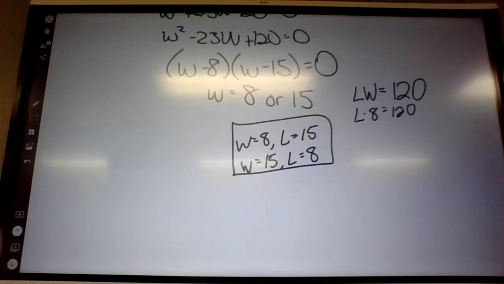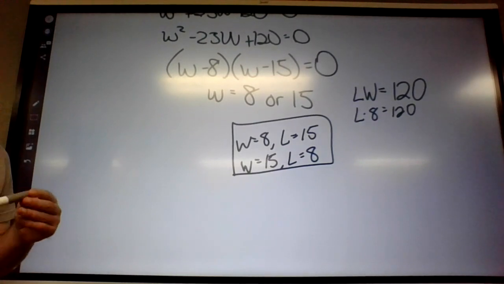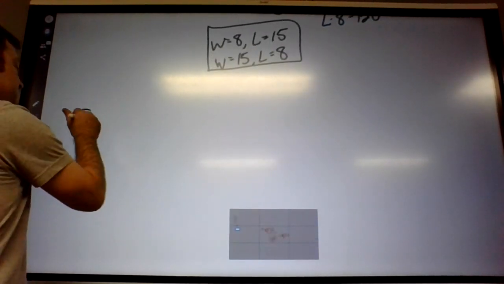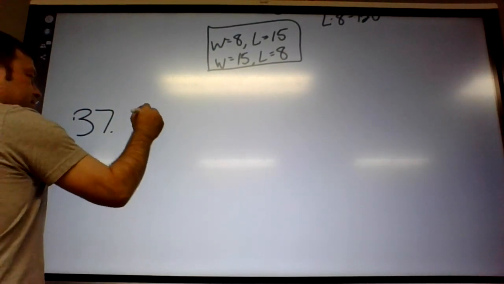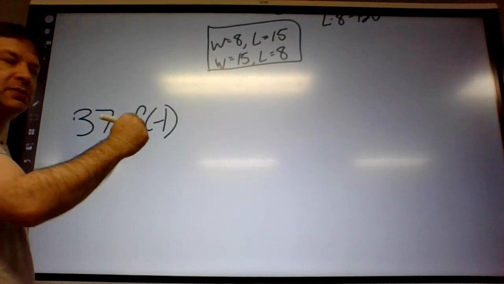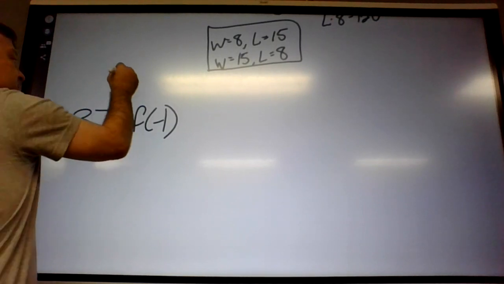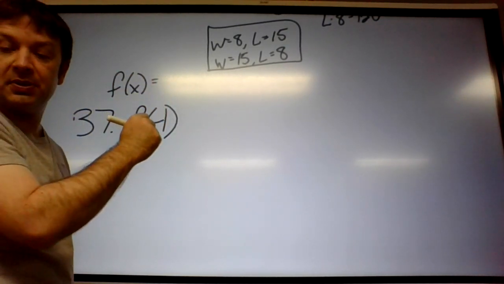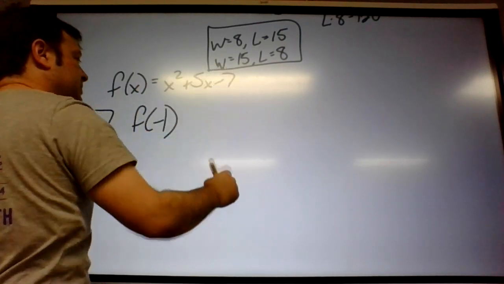Alright, yeah, those are hard, sorry. 37 says find f of -1. This is much easier. What does that mean though? What does f of -1 mean? Let's see. Jackson, do you remember? Up in the directions it says f of x equals x squared plus 5x minus 7.